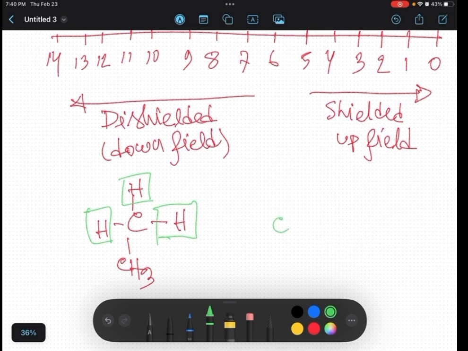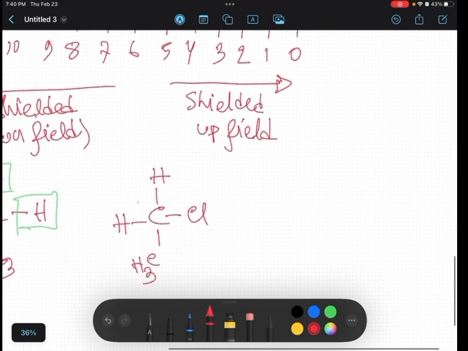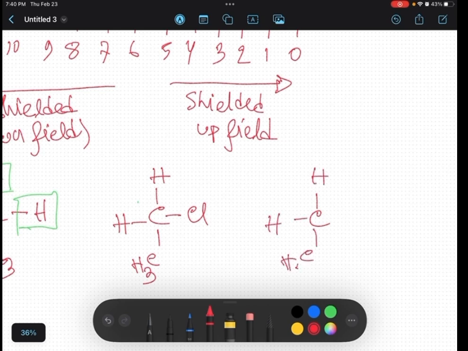But if you consider a similar molecule, where there is chlorine or bromine or iodine or whatever, and another molecule like CH3 and H2, it has a double bond electron.